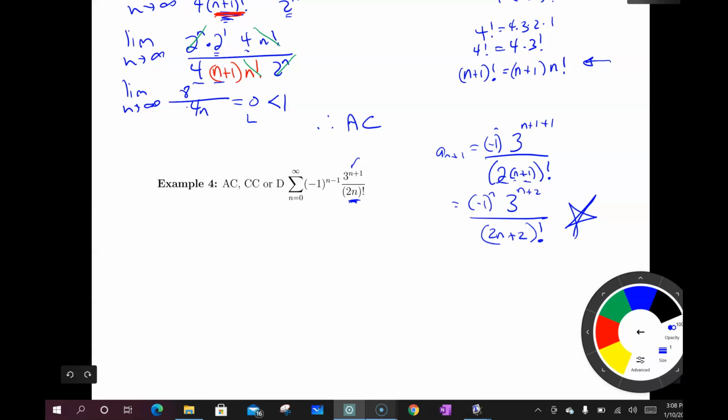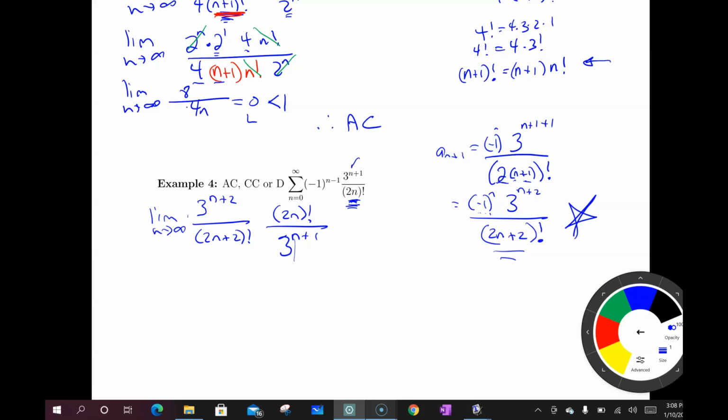2n plus 2. Okay, so now I'm ready to do my ratio test. So my n plus first term, because of the absolute values that I'm not writing, I'm going to toss away the negative ones. So I have 3 to the n plus 2 over (2n plus 2) factorial, multiplied by the reciprocal: 2n factorial over 3 to the n plus 1.